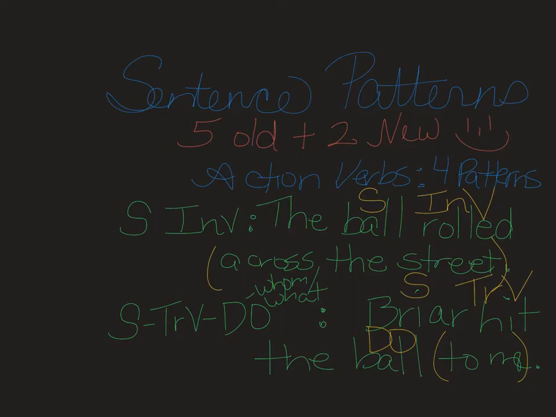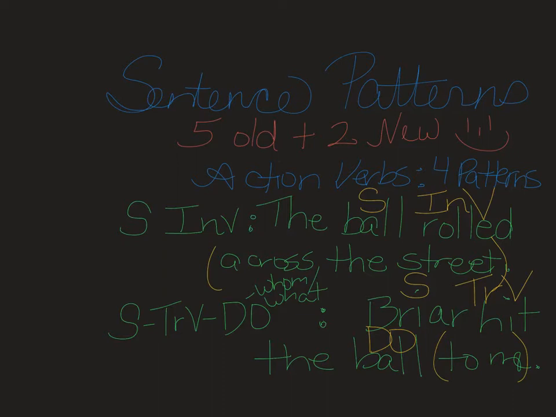Here's an example, and you have other examples in your book. The ball rolled across the street. Ball is your subject and rolled is your verb. We should recognize that it is an action verb. It's doing something. So then, to see if we have a direct object, we have to ask ourselves the questions whom or what after that action verb.